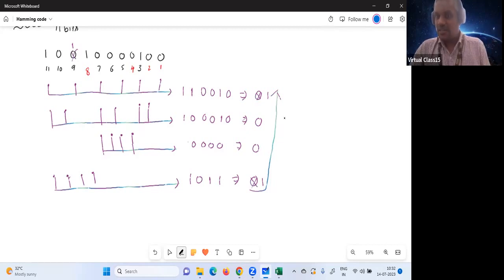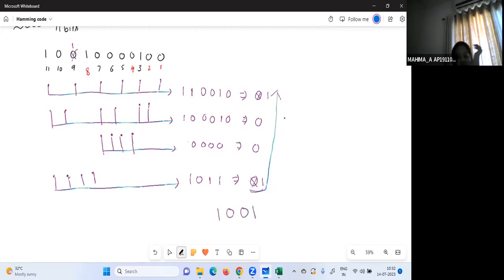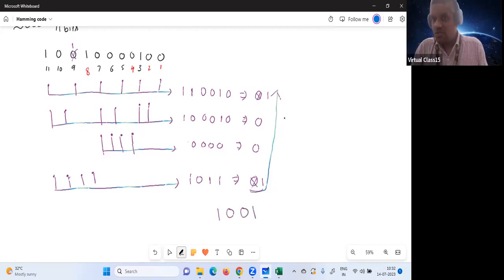Error is detected. By considering this direction, you can see all are not zeros, right? What is the string formed here? 1, 0, 0, 1. Whatever the string formed, we call it the error syndrome.